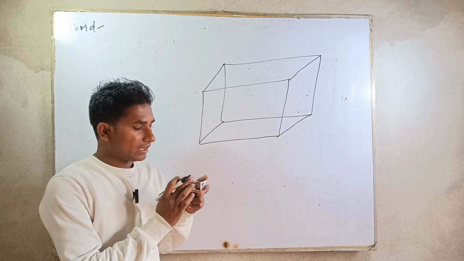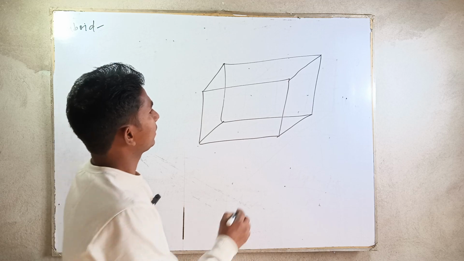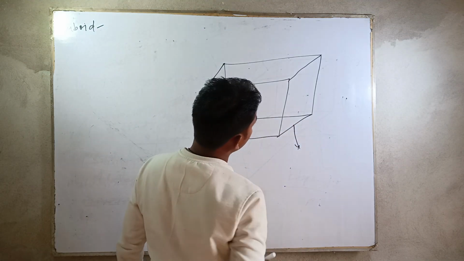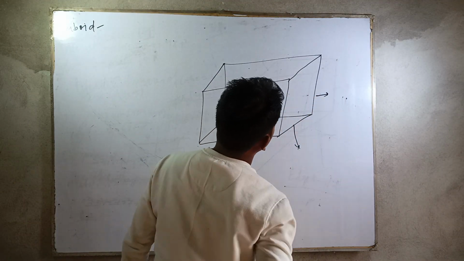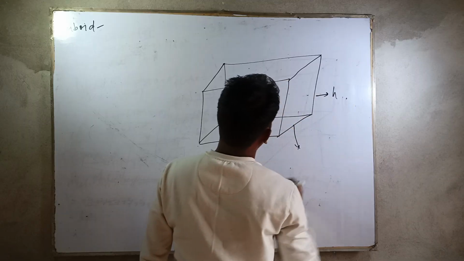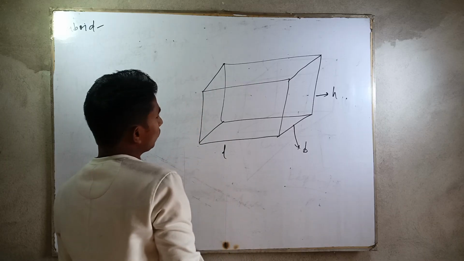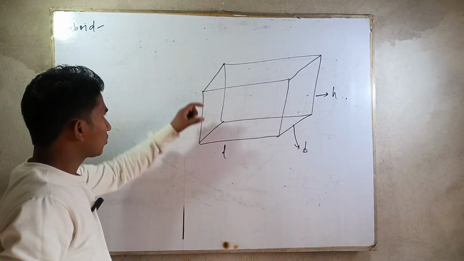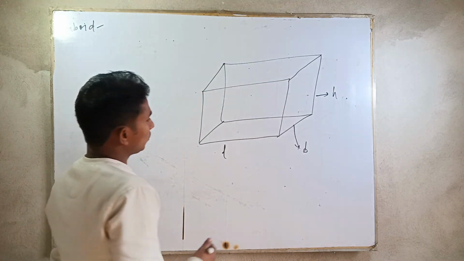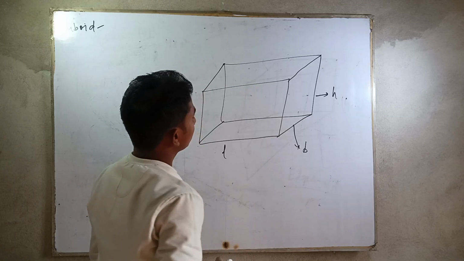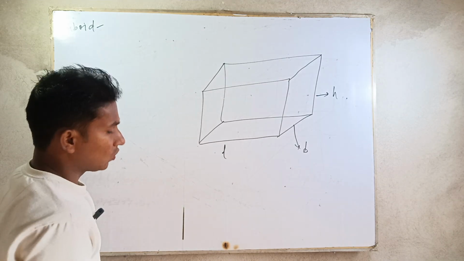This one is length, this one is height, and this one is breadth. Height is called h, length is called l, and breadth is b. There are also 8 vertices in this figure, 6 faces and 12 edges, same as in the cube.